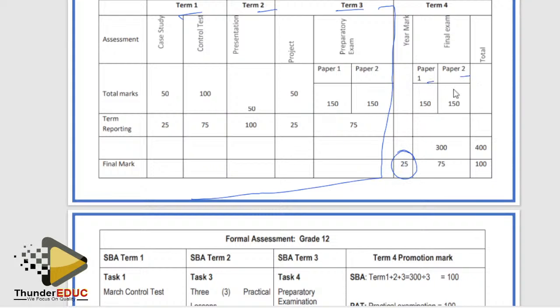Paper 1 and paper 2, you write, we convert it to 75%. Is it clear? Once we convert them, we add whatever you got. For example, you got 20 here and maybe 65 here. Then at the end of the day, you're going to get 85%. And this is the mark which is going to come onto your statement.